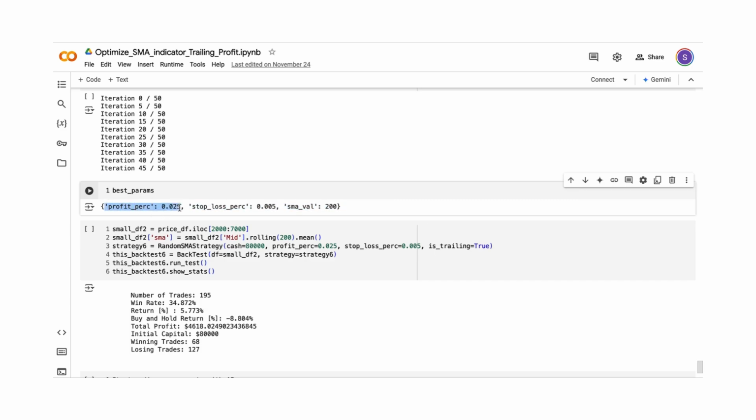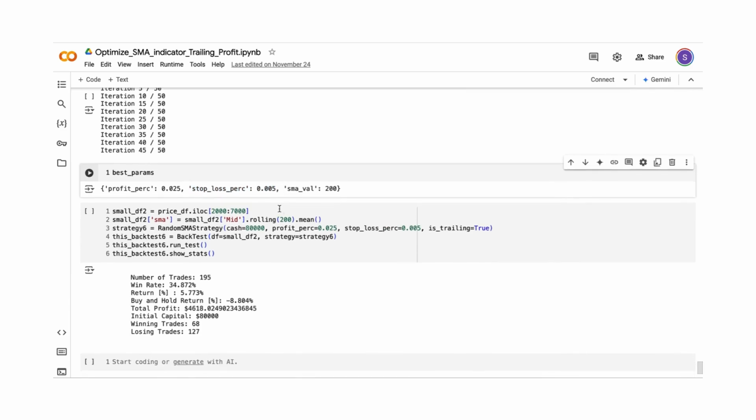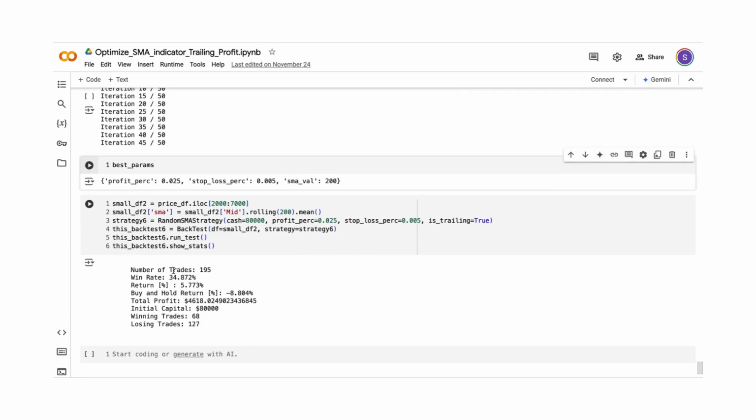We keep a high take profit of 2.5% and take a very small stop loss of 0.5%. So this allows us to immediately kill losing trades. If the trade goes down by 0.5%, we kill it. But then we keep improving our stop loss for a winning trade so that we can take advantage of the winners. And now what happens if we do this?